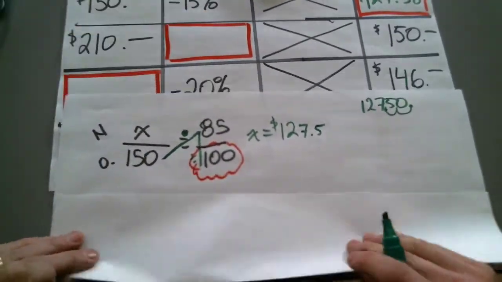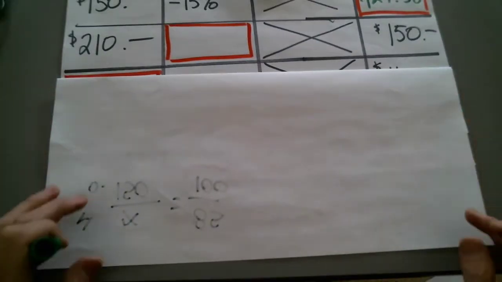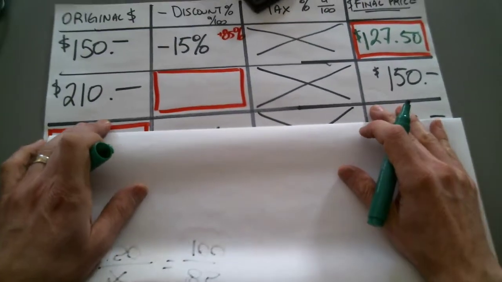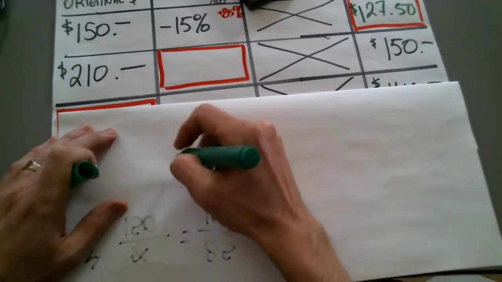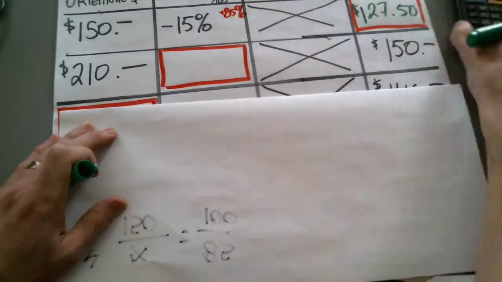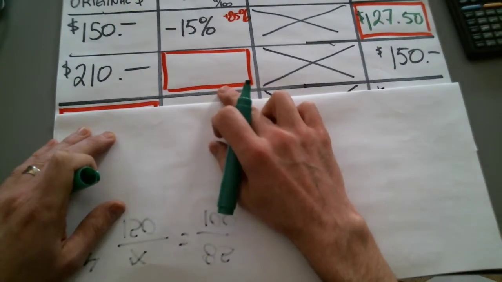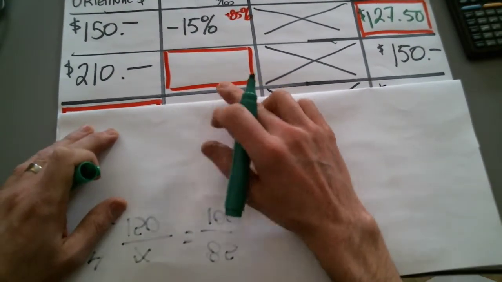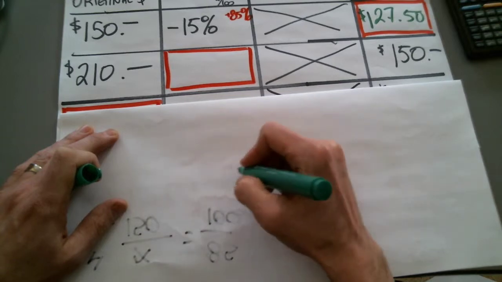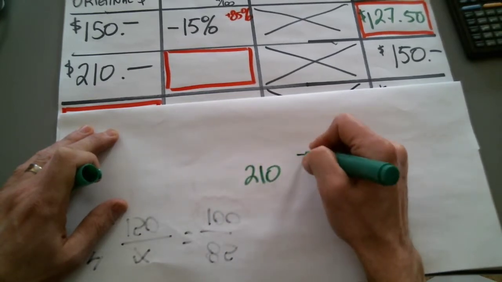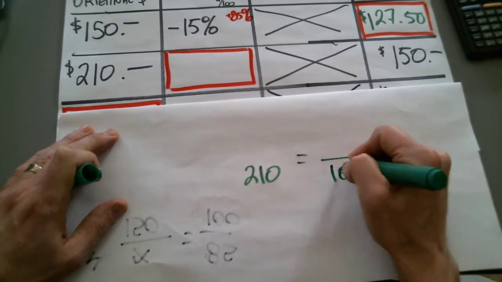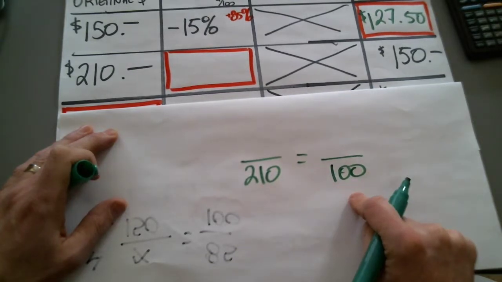Next scenario. My original price is $210. Well, what am I looking for? I'm looking for the discount in this one. I don't know the discount. My original price, remember original goes on the bottom, because that has to line up with 100% of the cost.